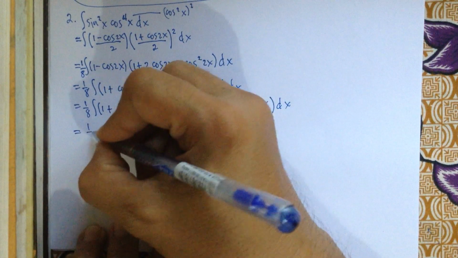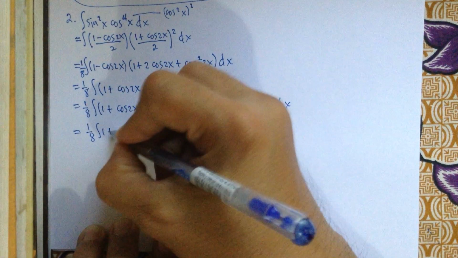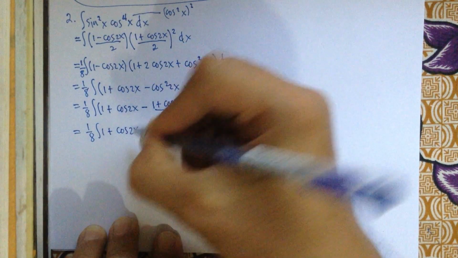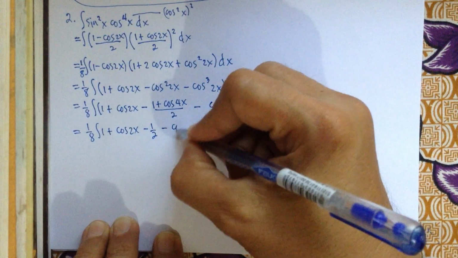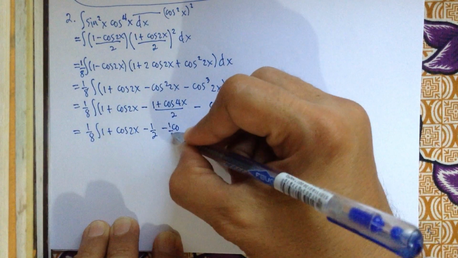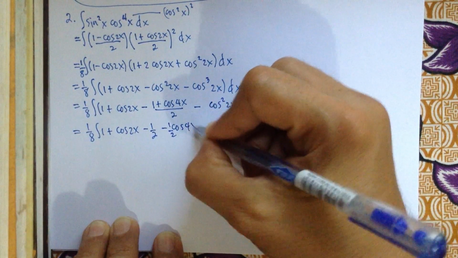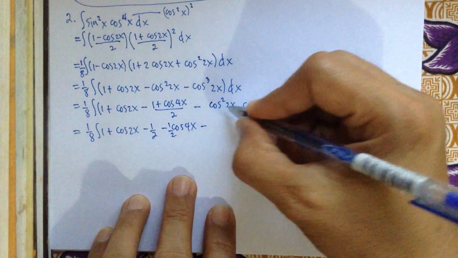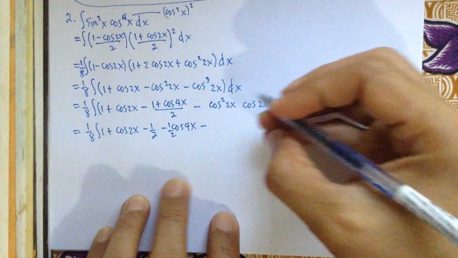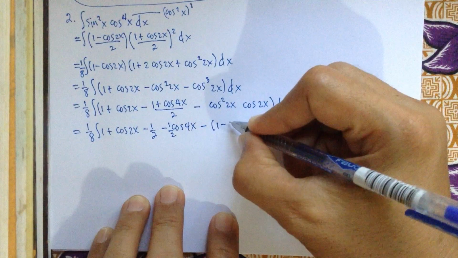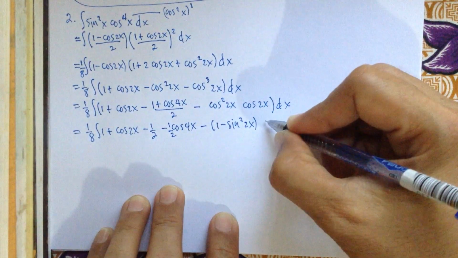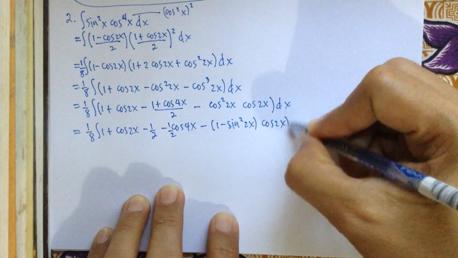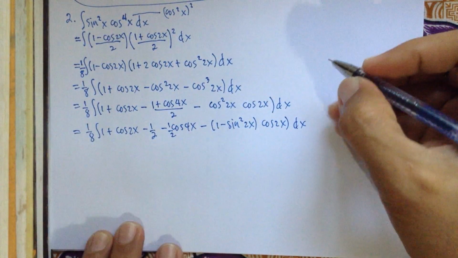And then we have 1 over 8 integral of 1 plus cosine 2x minus 1 half, okay, then minus 1 half cosine 4x. Then this one, we should write this as 1 minus sine squared 2x times cosine 2x dx, okay.